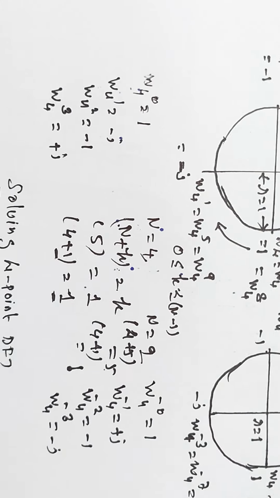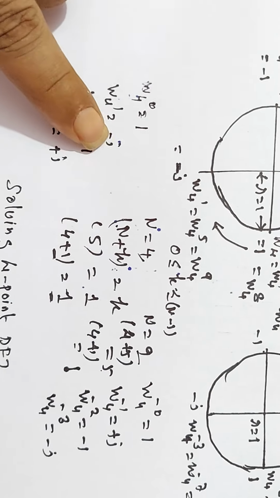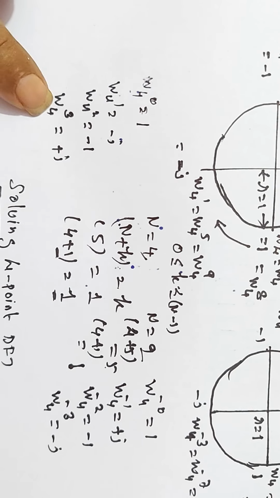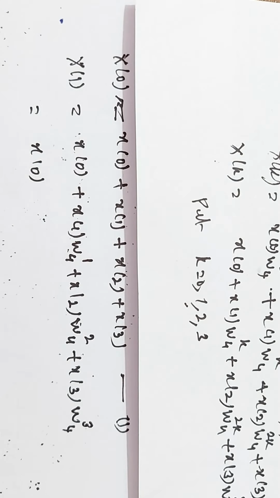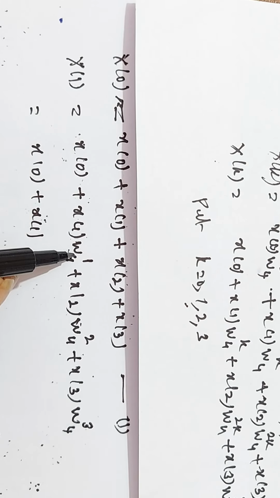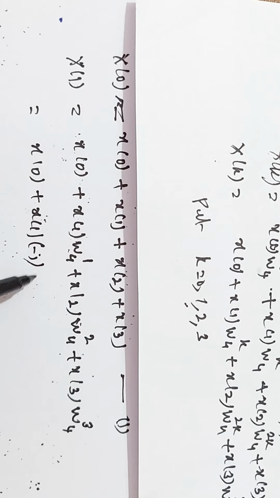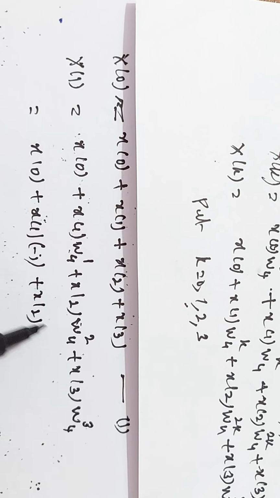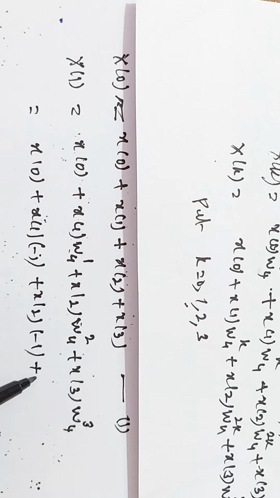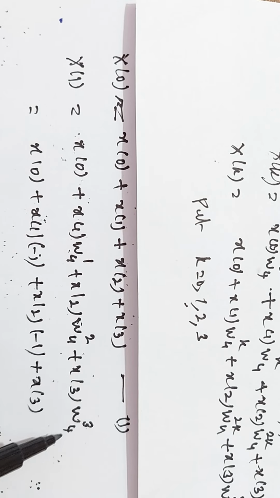W4 1 is minus j. W4 2 is minus 1. W4 3 is plus j. Therefore, you can write this as x of 0 plus x of 1 W4 1 is minus j, plus x of 2 W4 2 is minus 1, plus x of 3 W4 3 is plus j.